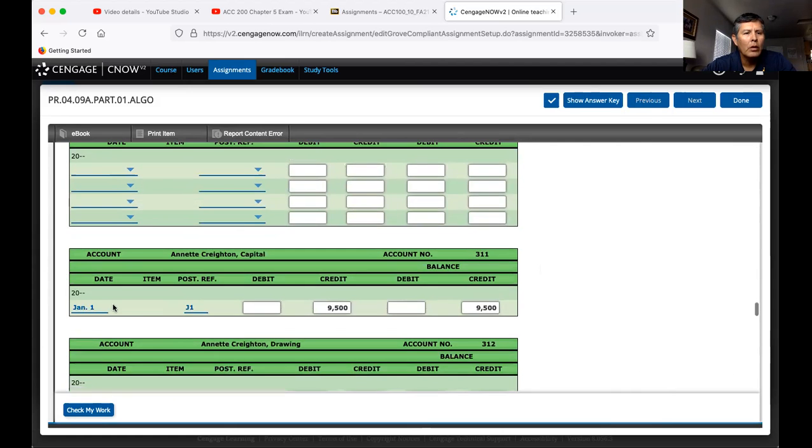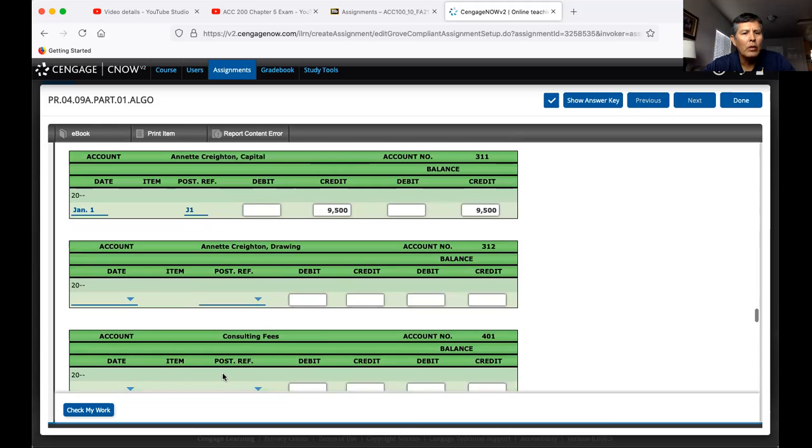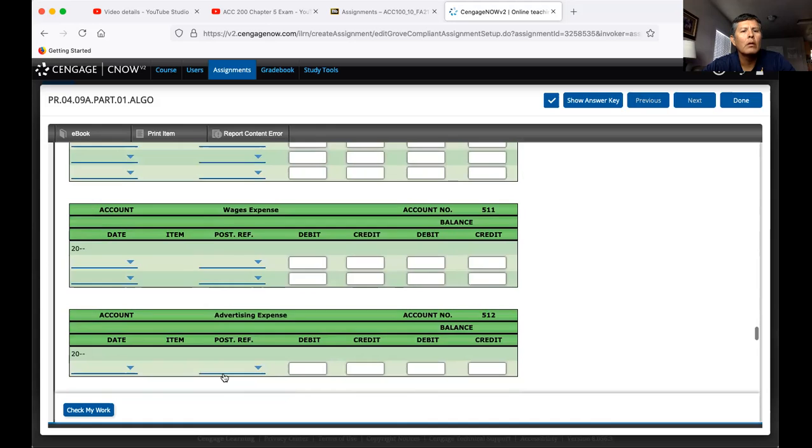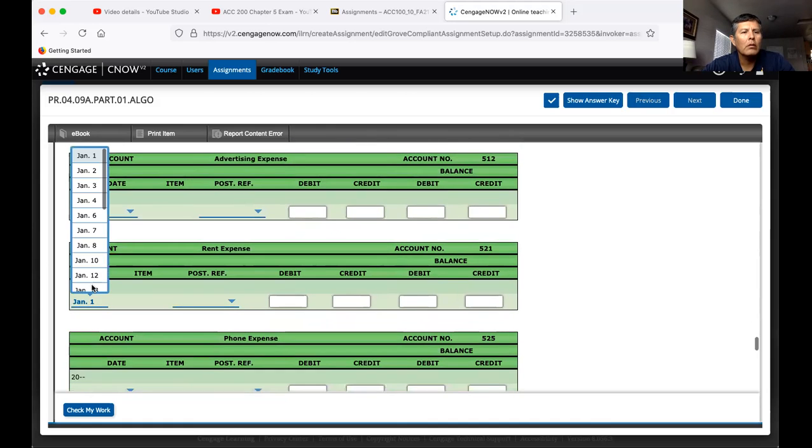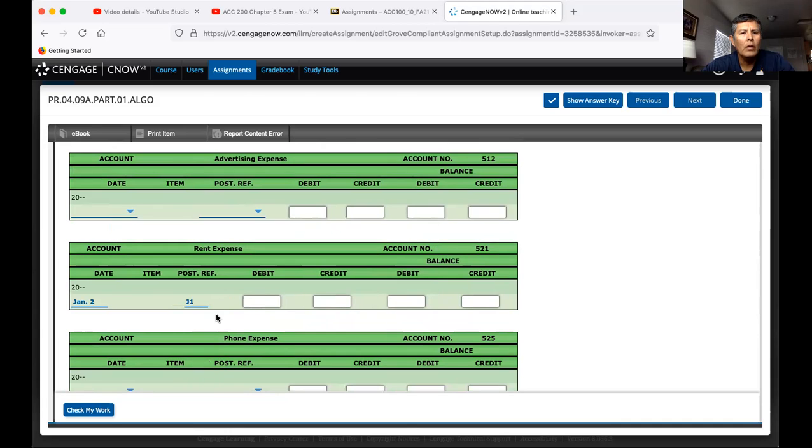So January 2, this is going to be J1. Oh, wrong one. January 2, I got to find my expense. January 2, post reference is going to be journal 1. Wait, did we debit it? Yeah, we did debit 500.